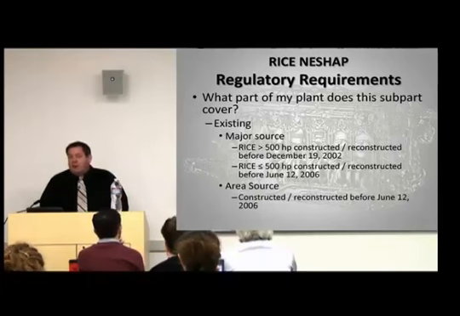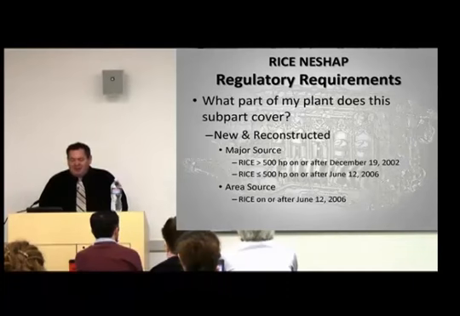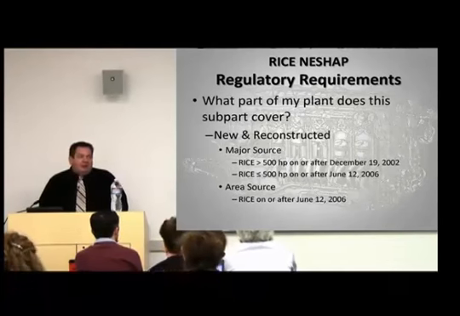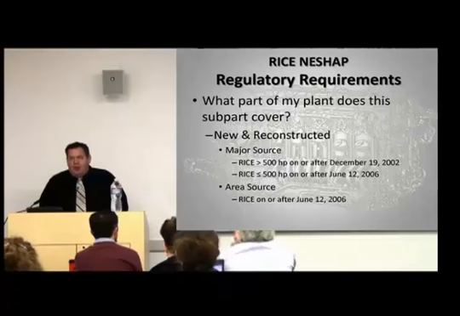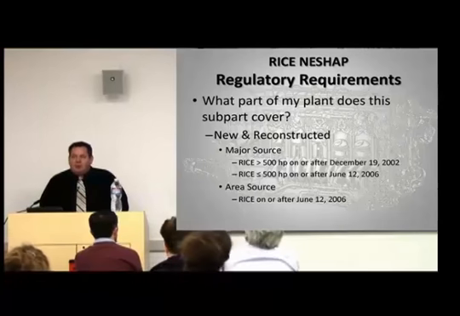And then the definition of new and reconstructed is the opposite of the definition of existing. So for major sources greater than 500 horsepower, on or after December 19th, 2002; for engines equal to or less than 500 horsepower, on or after June 12th; and all engines at an area source on or after June 12th, 2006.